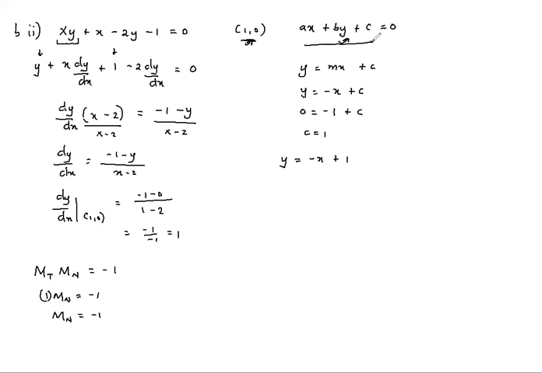In that form, we take x to the other side: x plus y minus 1 is equal to 0. This is the required form, and this is the equation of the normal line.